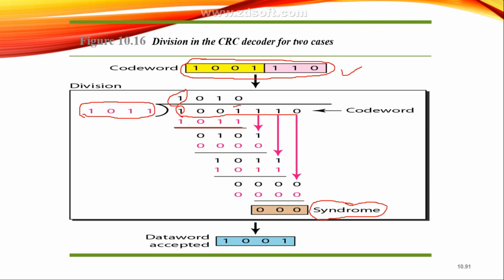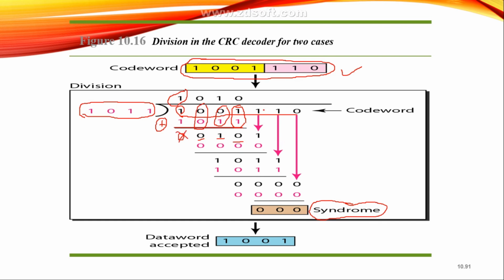Now we have to find the XOR of these two patterns. The XOR of these two similar bits is 0. XOR of these two dissimilar bits is 1. XOR of these two similar bits is 0. This is also 0, so it is discarded.